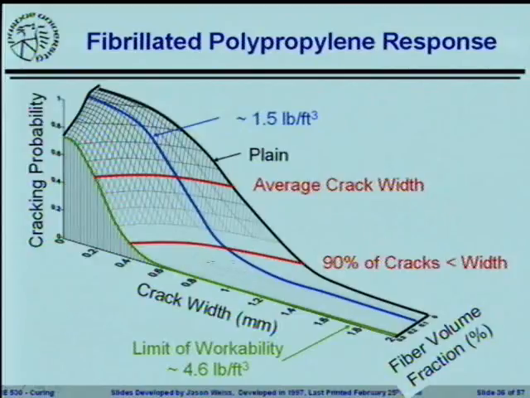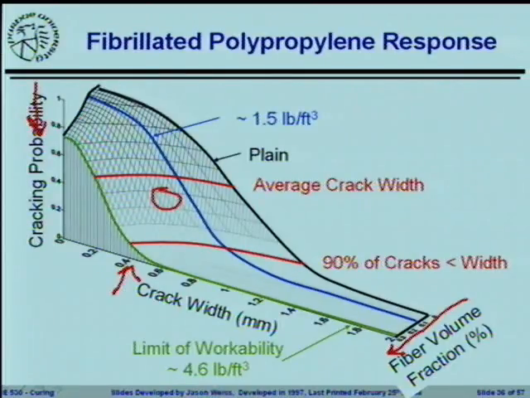Here you can see some different work that was done. This basically shows that not only when we increase fiber volume fraction in the Z direction, not only do we start producing cracks that are smaller, but we reduce the probability of cracking, we drop down the number of sites that cracks are going to happen, and we reduce the average crack width, which can be a very big thing.